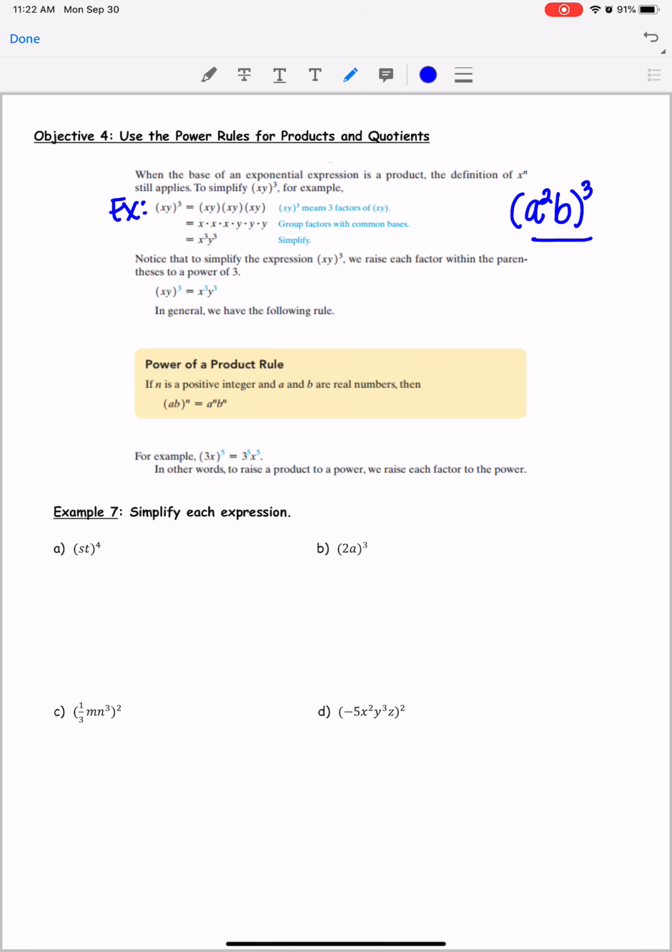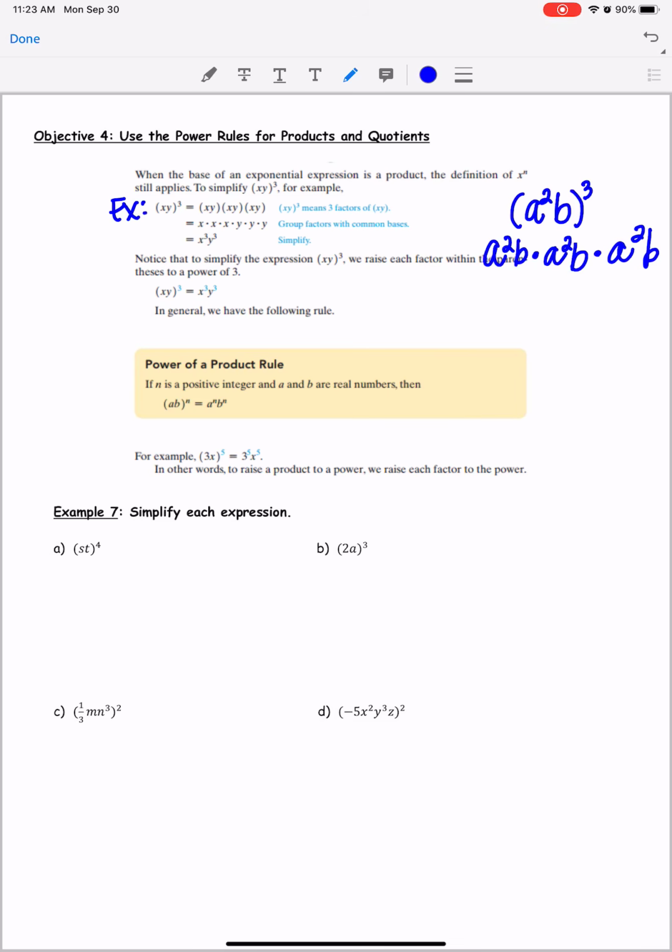That cubed means I have this base 3 different times. So that means I've got a squared, actually I'm not even going to put parentheses anymore, a squared times b, a squared times b, and a squared b.